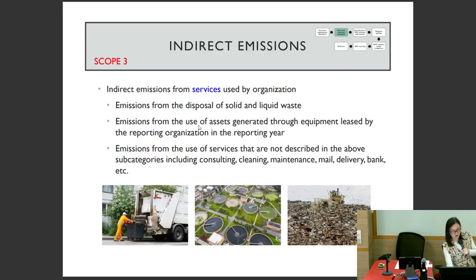These are also scope 3. And the emissions from the use of services not described in the above subcategories, such as consulting, cleaning, maintenance. Basically, all services provided by a company that indirectly generate a carbon footprint will be under scope 3.